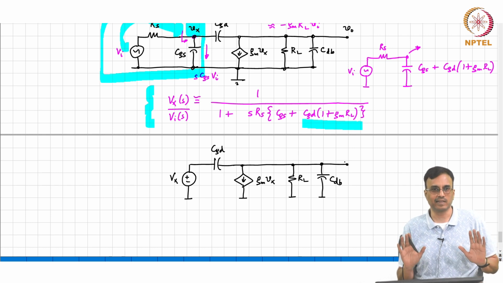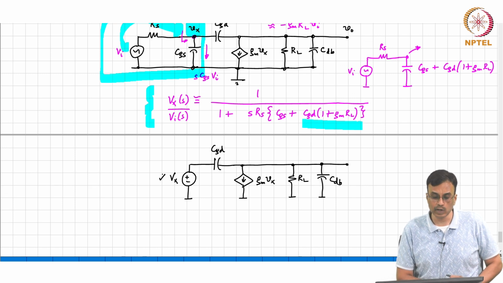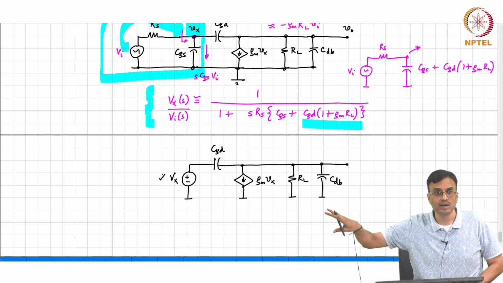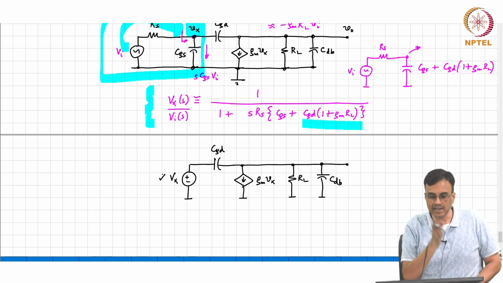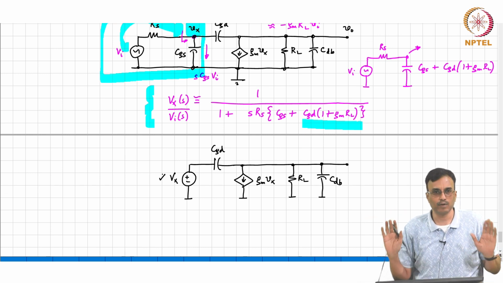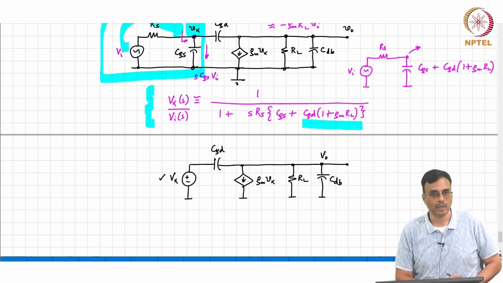This is the circuit we are analyzing, correct? We know Vx already. How do we know Vx? Because we have accounted for the loading of the rest of the circuit following that Vx node, correct? So this is what we are trying to find, Vo by Vx.